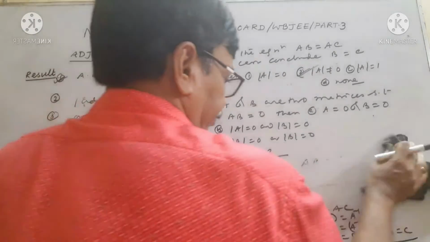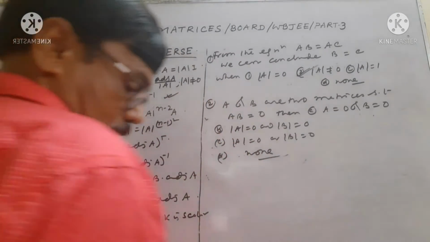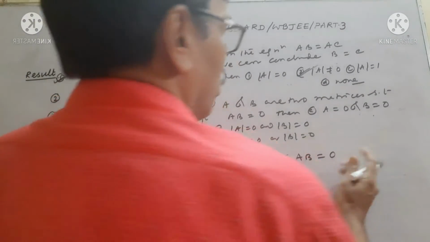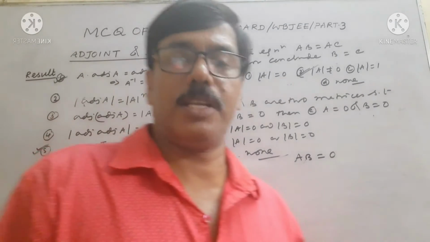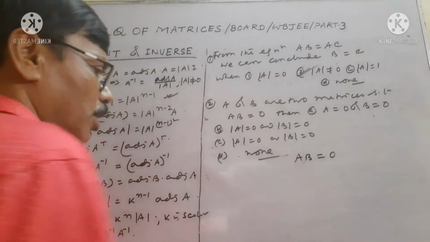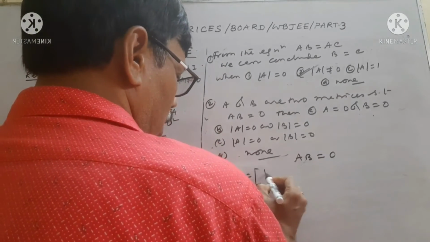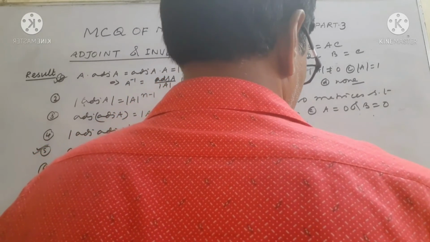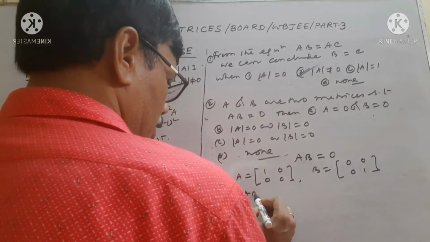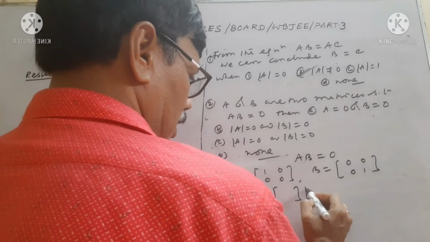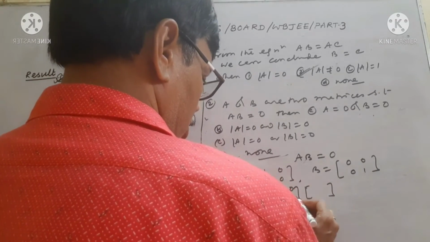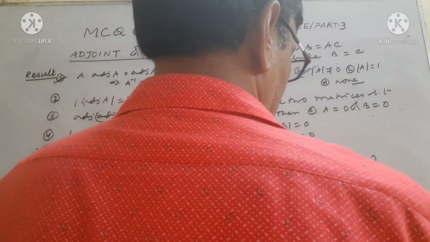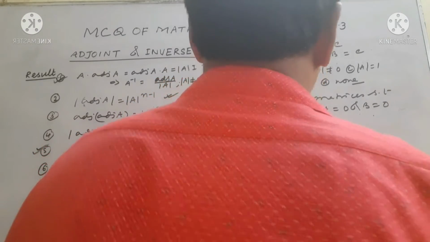Next, second one. AB equals 0, the product of two matrices is a null matrix. So look, if we take A equals [1, 0; 0, 0] and B equals [0, 0; 0, 1], then if you multiply, you get the null matrix.